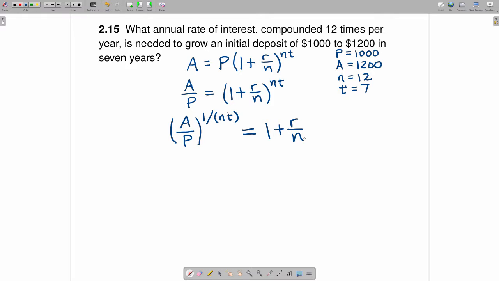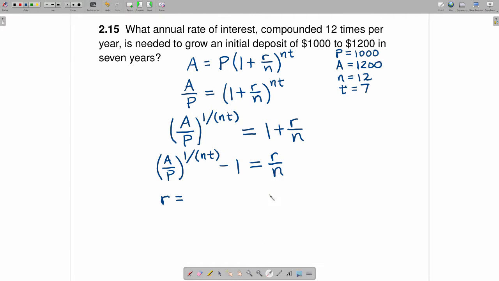The next step in solving this equation, remember we're trying to isolate R by itself, is to subtract 1 from both sides. When you subtract 1 from the left-hand side of the equation, you get A over P raised to the 1 over NT power minus 1. That is the left-hand side. And when you subtract 1 from the right-hand side, you get R over N. Finally, the very last step, we're trying to isolate R, is to multiply both sides of this equation by N. When we do so, we'll get R all by itself.